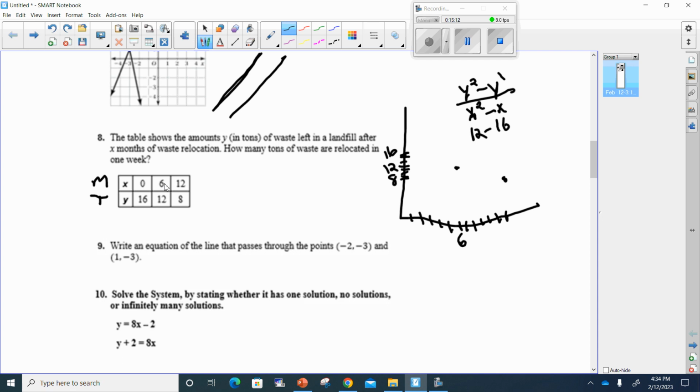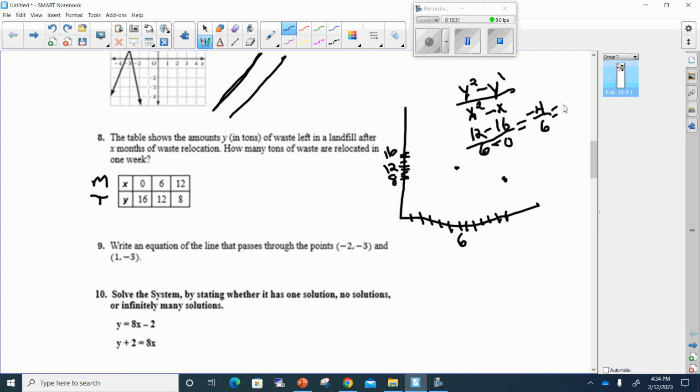And then we've got x2, which is 6. We're going to minus 0. And if we do this, we're going to have a negative 4 over, well, minus 0, that's 6.